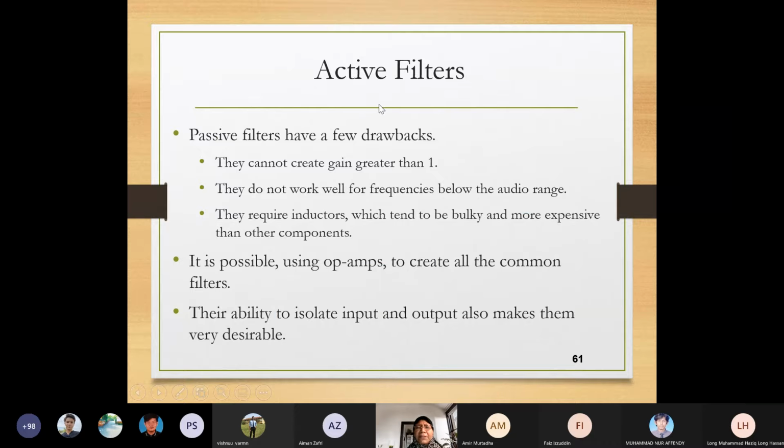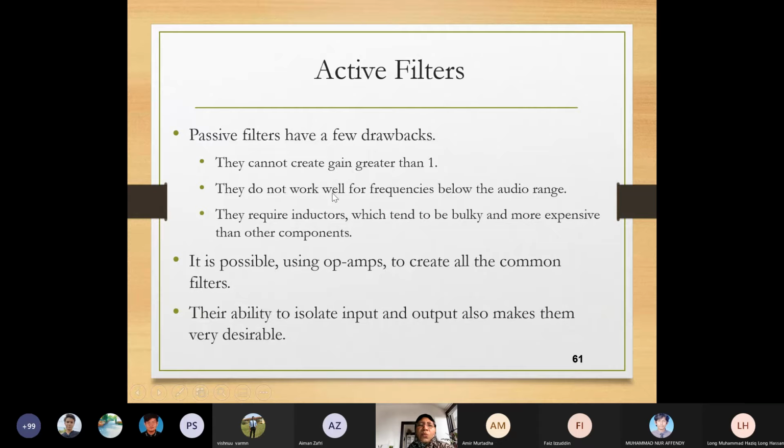Okay, the active filters from the textbook are not covered because active filters are op-amp circuits. However, later on you will need to use it. Passive filters have few drawbacks. They cannot create gain greater than 1.